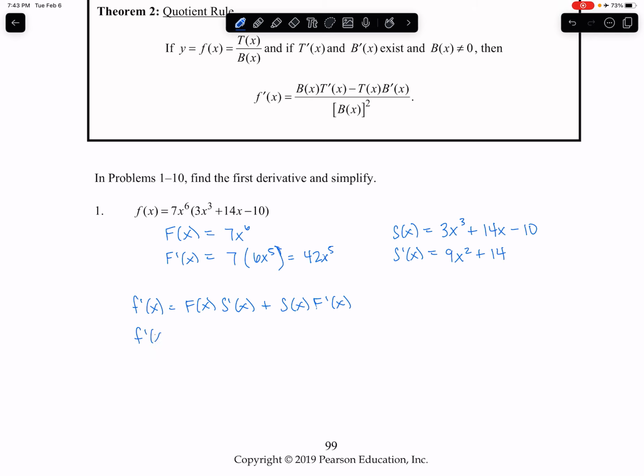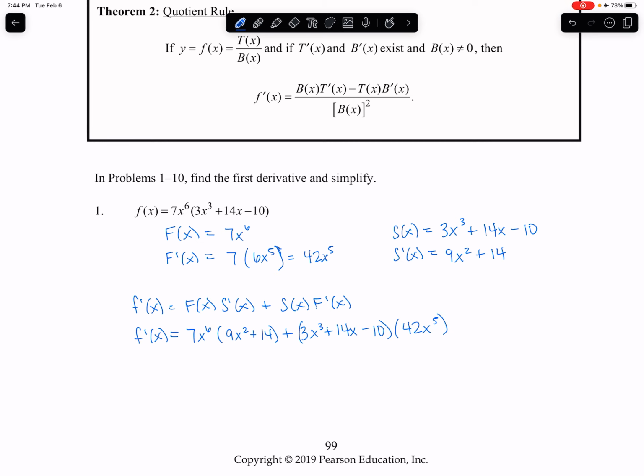So our derivative is going to be our first, 7x to the 6th, times the derivative of the second, 9x squared plus 14, plus the second, 3x cubed plus 14x minus 10, times the derivative of the first, 42x to the 5th.